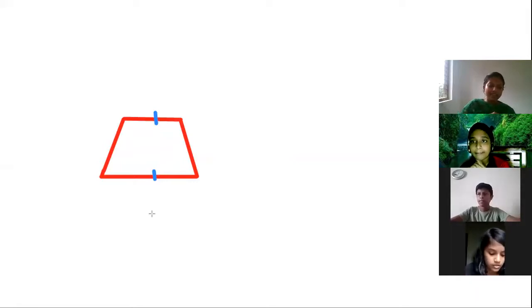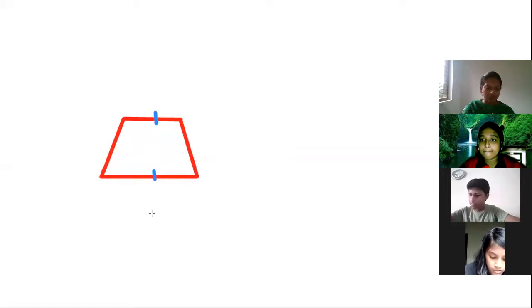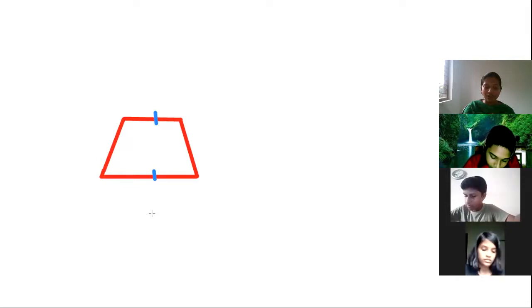And there is a work given for you at the end of page number 44. Do this. For that, first you have to choose 3 identical cutouts of congruent triangles of sides 3 centimeter, 4 centimeter, and 5 centimeter.